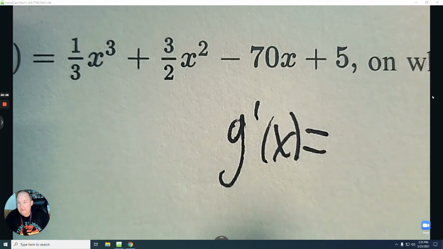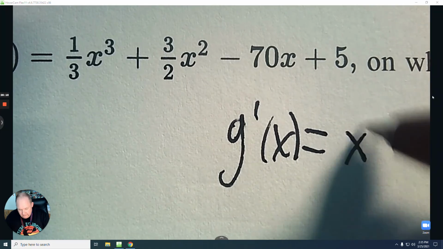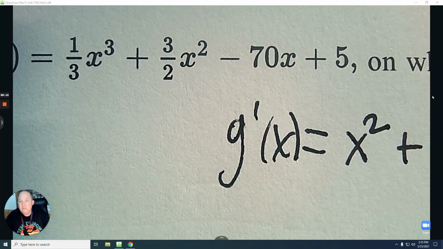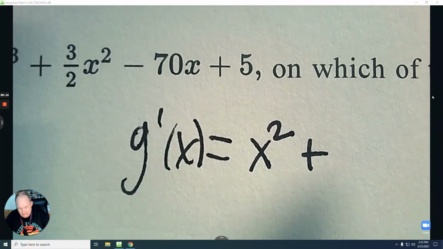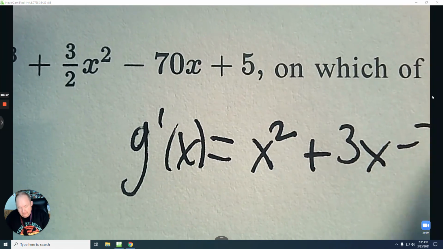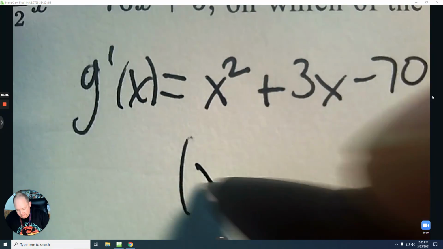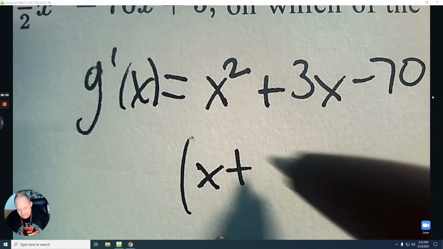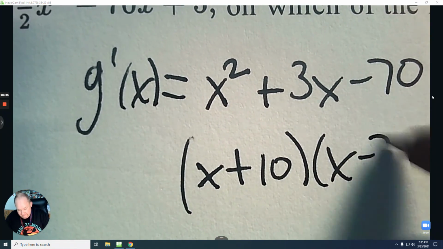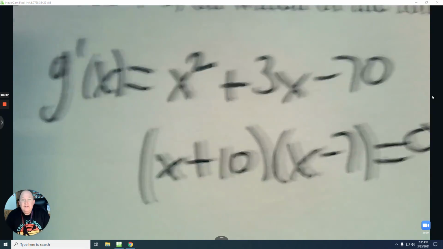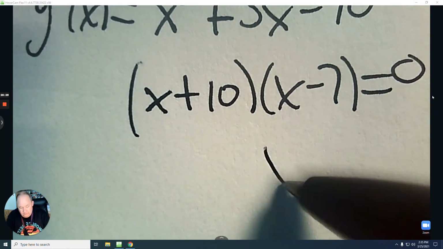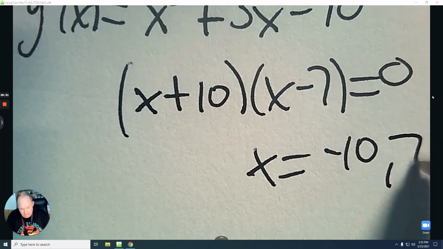So 3 times a third is just 1, so it's 1x squared. 3 times 3 halves is 3, and it's 3x. And then minus 70. Can you factor this? Yes. That would be 10 and 7. I can do that. And then the two solutions would be -10 and +7.